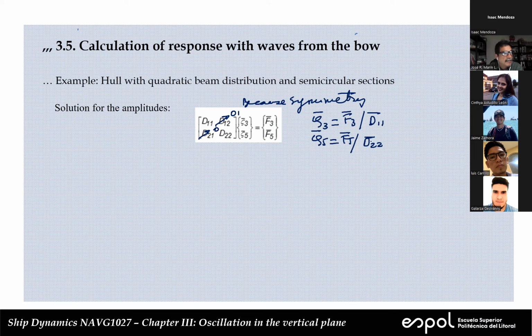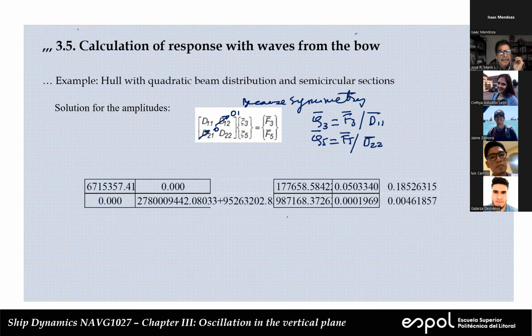Specifically for this case, which is a symmetric case, it's a little bit simpler. So these are the values that we obtain. This is D11, 0, 0, because it's symmetric, and this is D22. This and that both are complex.